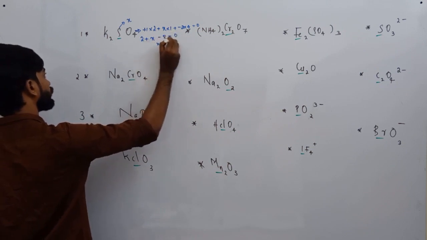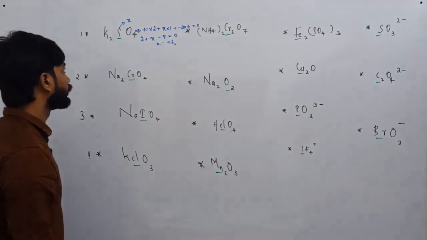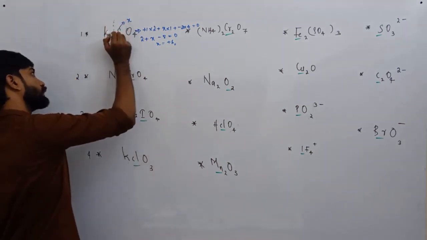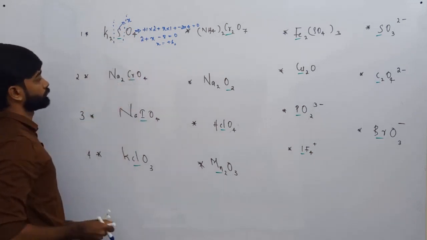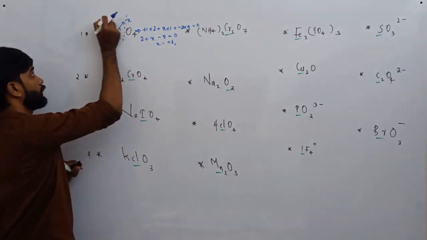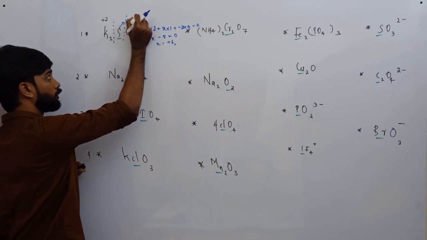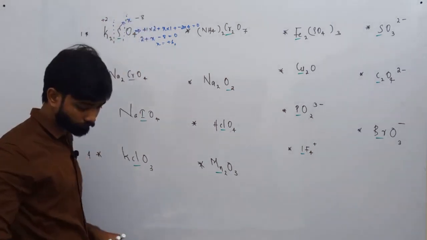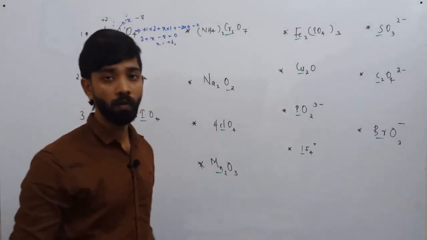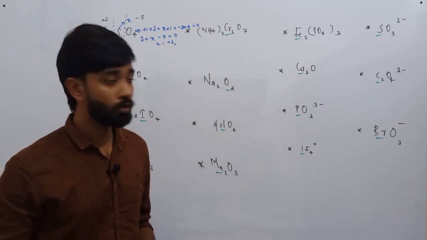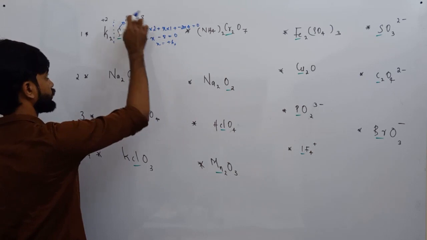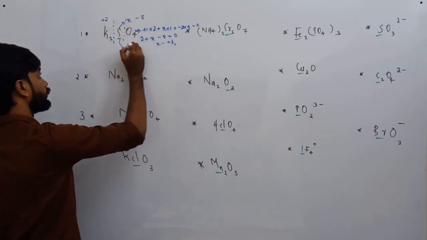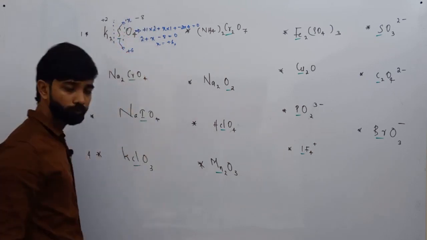That means X is equal to +6. Or by a splitting logic, your potassium has to offer +2, oxygen has to offer -8. So the net excess charge is -6, so your sulfur should make up for it by +6.